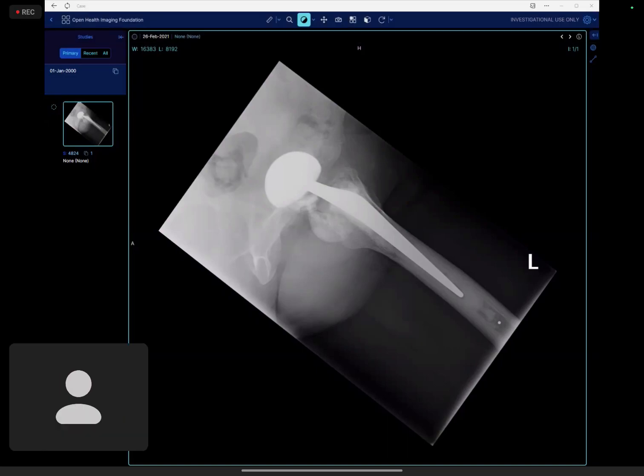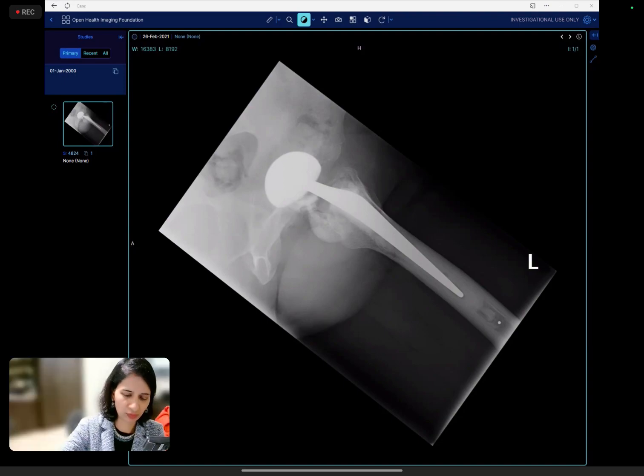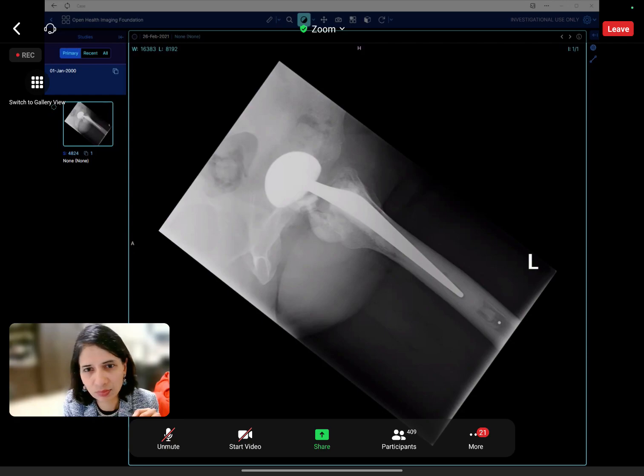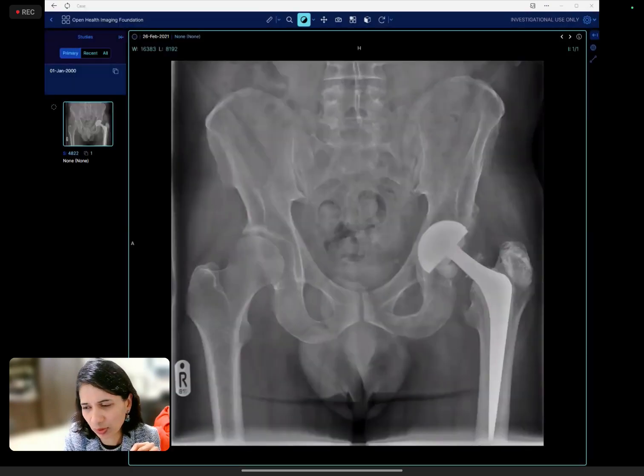The lateral radiograph of the left hip joint confirms that the head is deformed and there are multiple fragments. There is no lucency around the stem of the prosthesis. However, I would like to compare with previous radiographs, if available. The previous radiograph doesn't show any lucency around the prosthesis or around the stem.